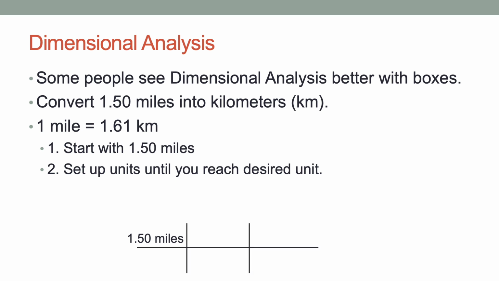I'll set up some boxes and set up miles in the denominator. I set up miles in the denominator because I want them to cancel. Above the mile, I'll write kilometers. My miles cancel, and notice the unit left over is only kilometers, which is what I want.